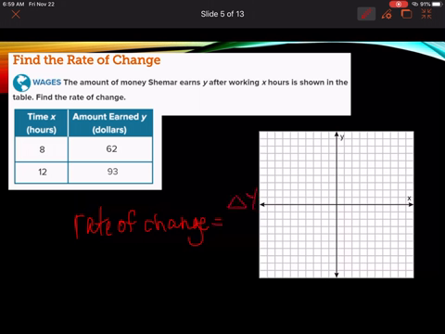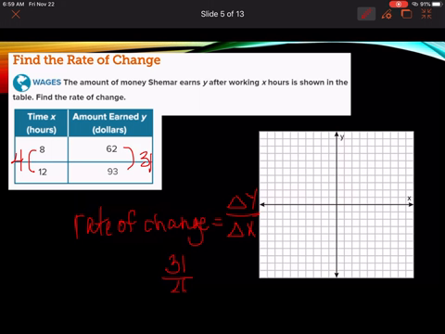So change in Y over change in X. So how far do I go up? I go up by 4, and then I go up by 31. So I'm going to have my y 31 over 4.